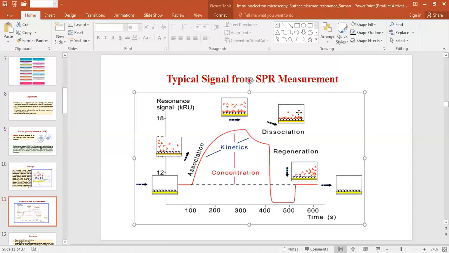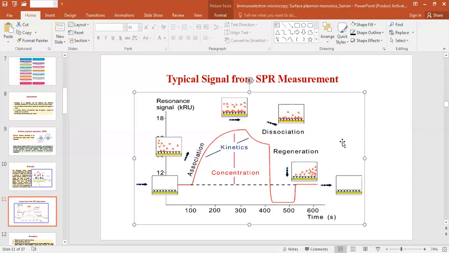Depending on the dissociation rate of the tested ligand, some assays may require a regeneration step in order to reach the baseline again. This step is known as the regeneration phase.